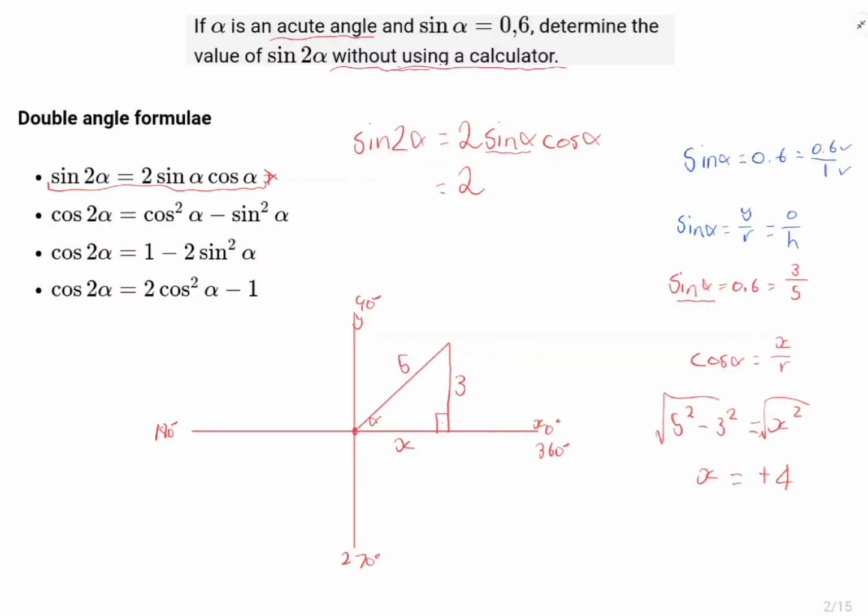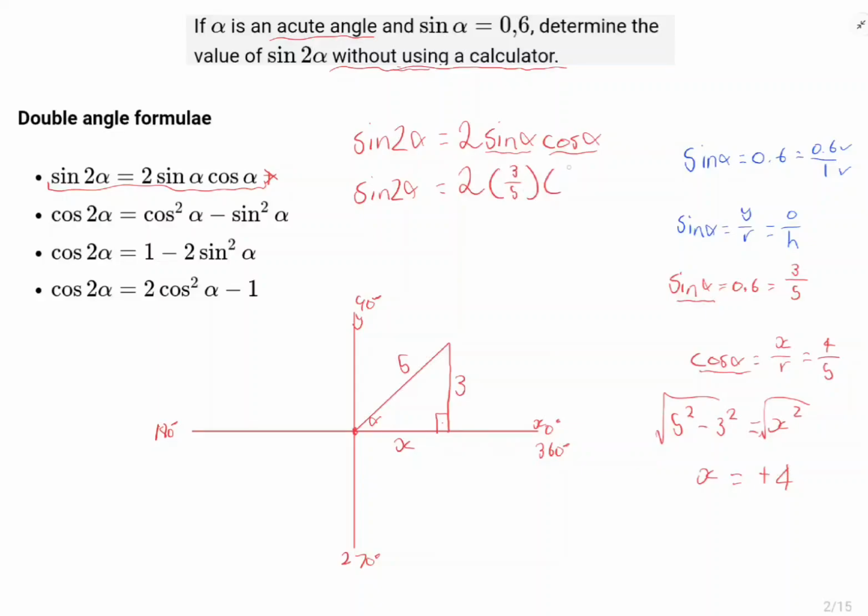Very important to note, right? Cool. So inevitably we have cos A to be 4 over 5. So now we have both sine A and cos A. We can go ahead and substitute them here. So sine 2A is equal to 2. What is our sine A? 3 over 5.